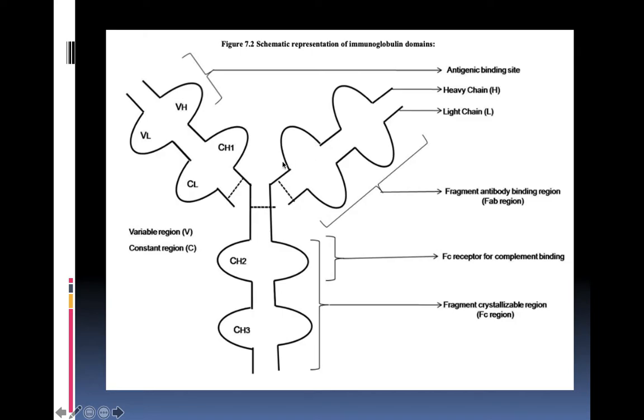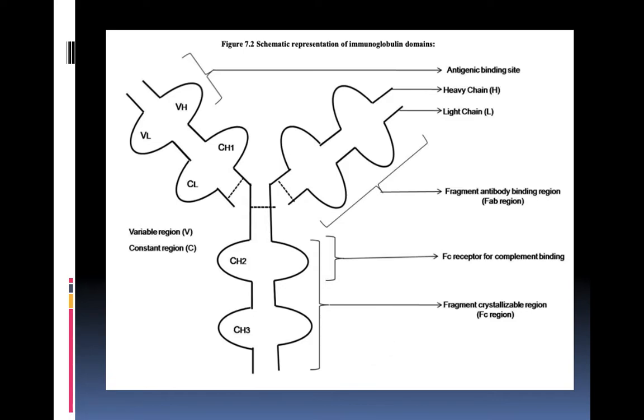It's just a continuation of the heavy chain, but the domains CH2 and CH3, which are both constant, comprise our fragment crystallizable region. This region communicates with cell surface receptors called FC receptors, and this feature helps antibodies stimulate the immune system.